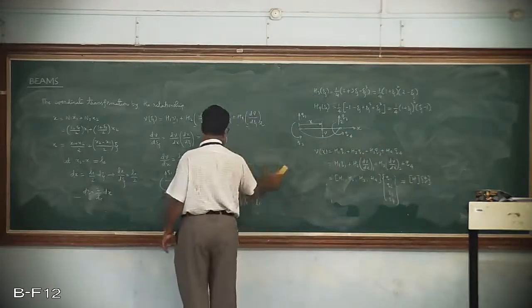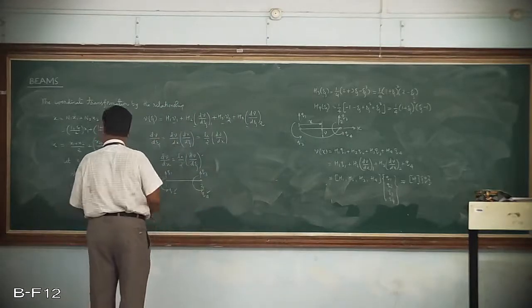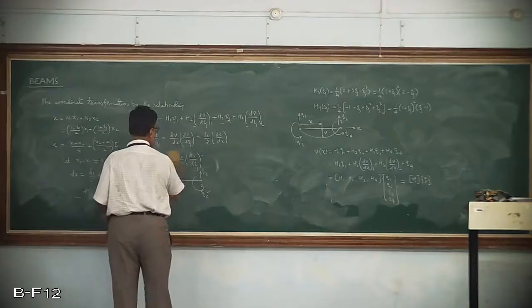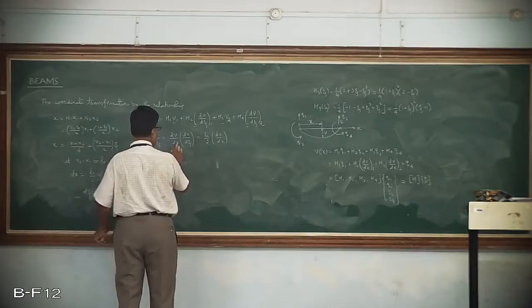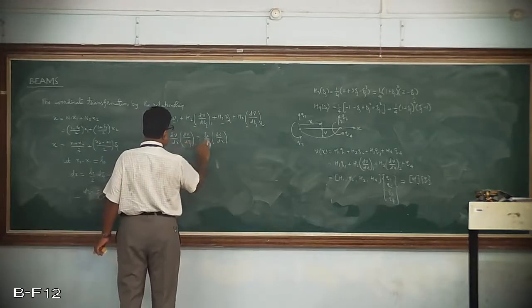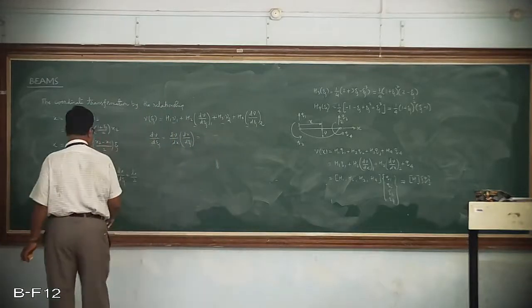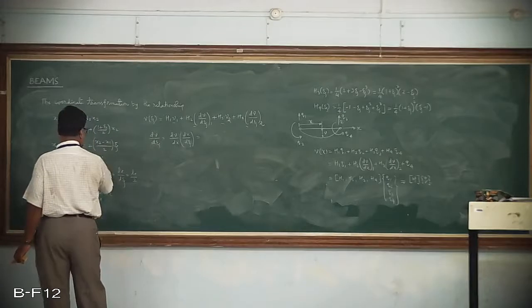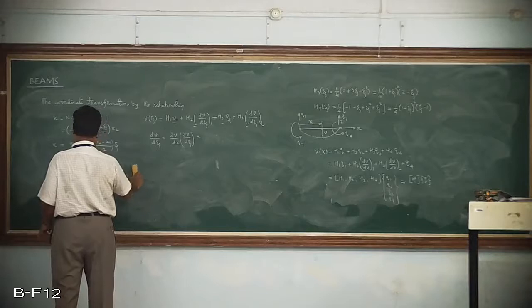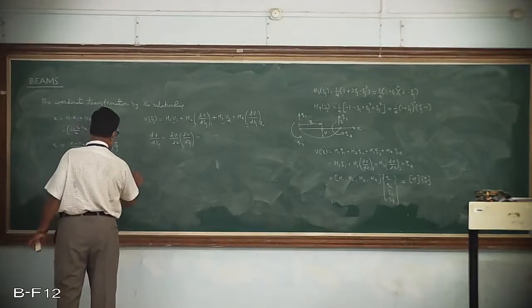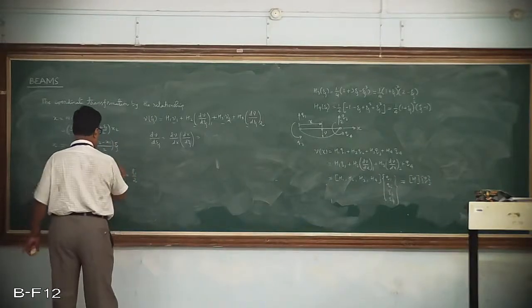Let's go to the chain rule. Where is the chain rule? Yes, this is our chain rule. According to the chain rule, dV by d zeta is equal to dV by dx into dx by d zeta. What is dx by d zeta? It is LE by 2.